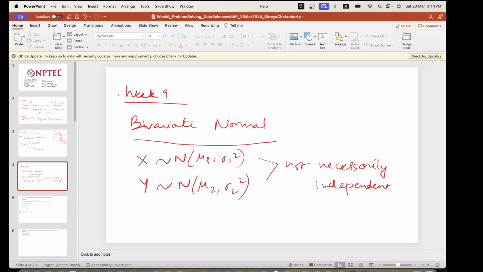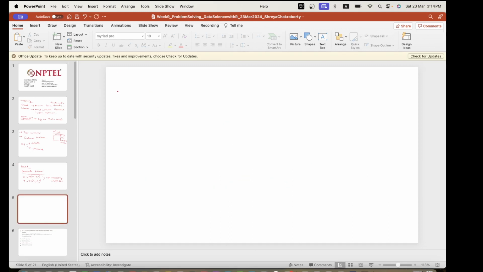So what does the PDF look like? The PDF can be parameterized by 5 parameters.